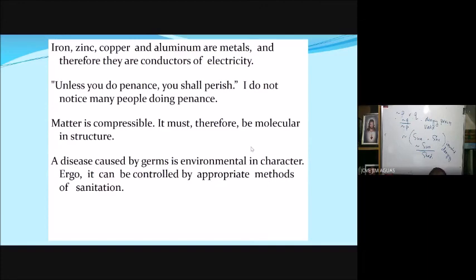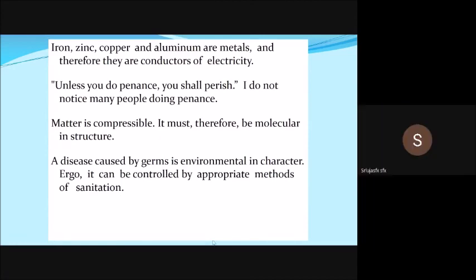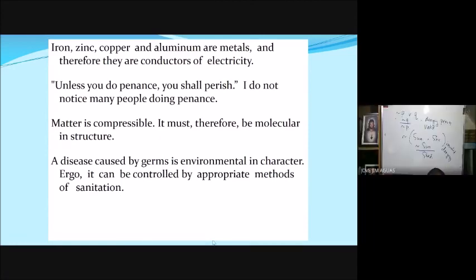Now, the crucial part here is "it" is a pronoun, right? What does it signify?